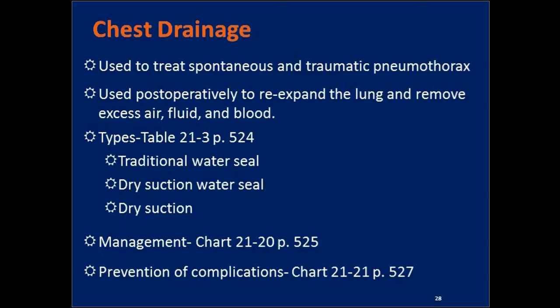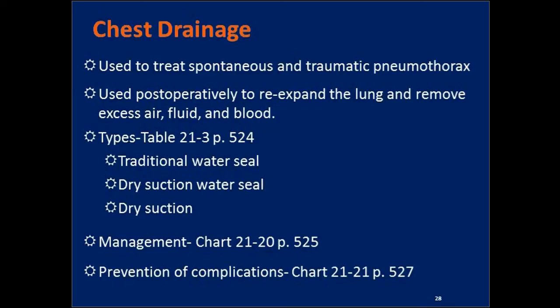So one thing that you might see in a patient who's had thoracic surgery is a chest tube. So let's talk about chest drainage for a minute. Again, the normal chest environment is negative pressure. So any increase in fluid or a buildup of air can lead to a loss of that negative pressure situation, and it can actually put pressure on the lung and cause it to collapse.